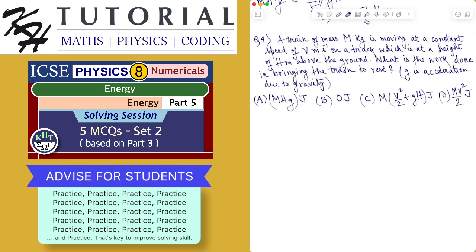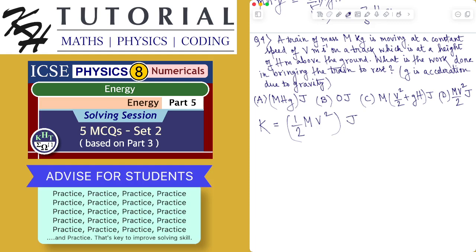So the train of mass m kilogram is moving at a constant speed of v meter per second. So it has a kinetic energy. The train is moving on a track which is at a height of h meter, that is fine, but the kinetic energy of the train will be half m v square. This much joule is the kinetic energy of the train.